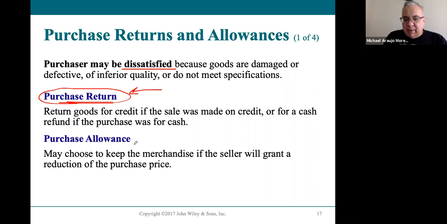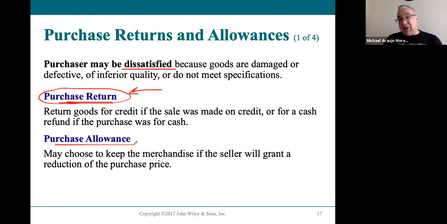What's a little less common, but still happens, is something called a purchase allowance, which means, let's say it was two different companies. Let's say Lids got a bunch of hats from a manufacturer, and they opened the box, and the hats weren't exactly what they were hoping to get.